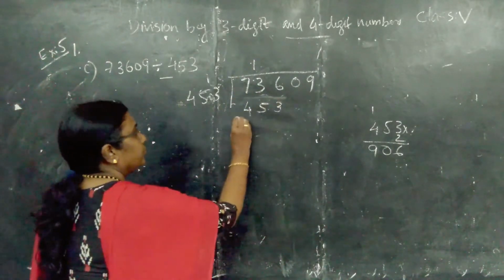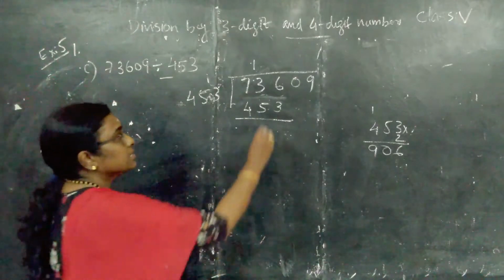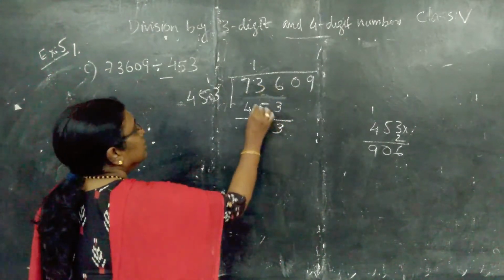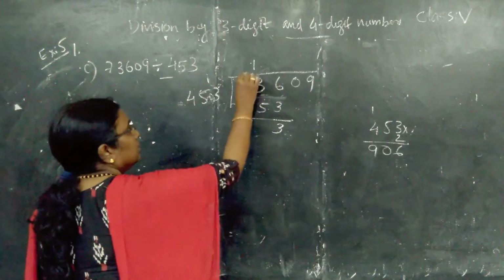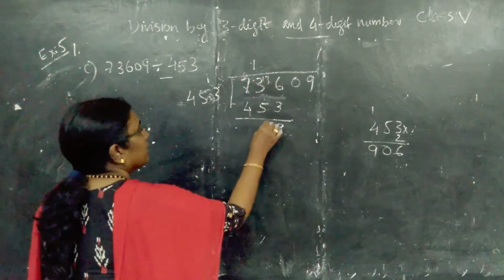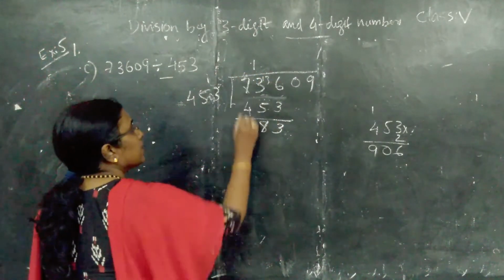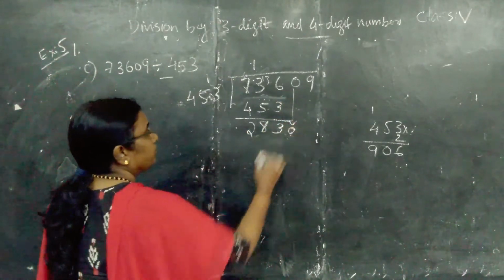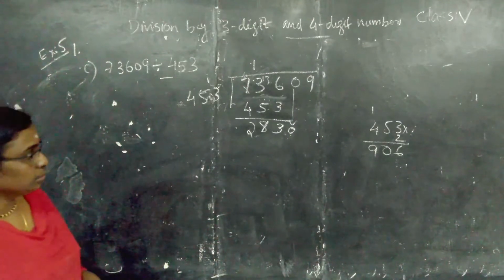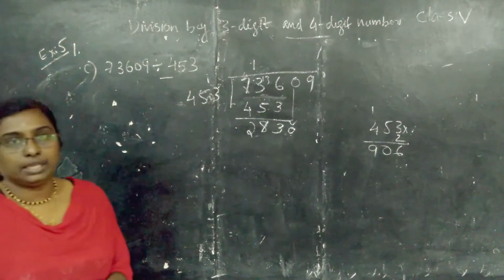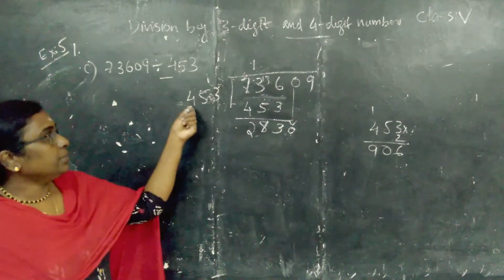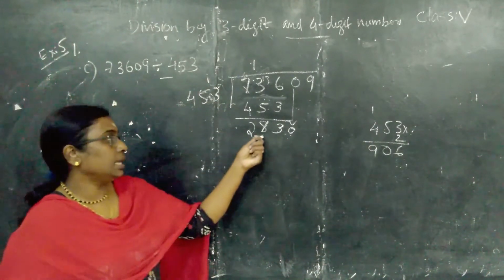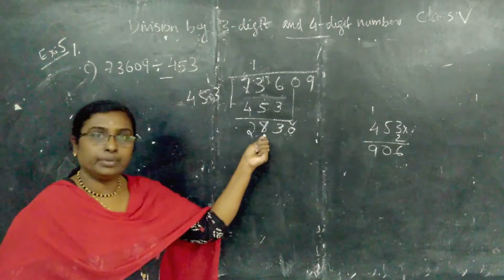453. Then subtract. 6 minus 3, 3. 30 minus 5, 8. 6 minus 4, 2. Then write down this 0 here. Now it becomes 2830. Find the multiple of 453 which is less than or equal to this number.